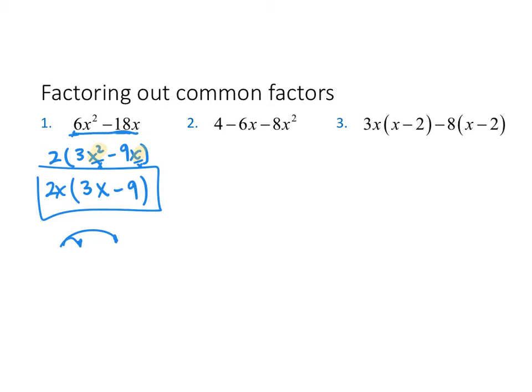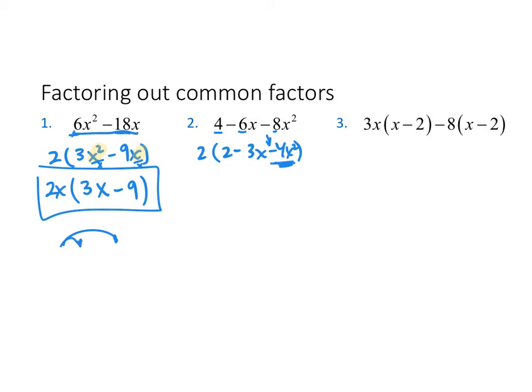So the second one does have a 2 in common for everything. But isn't it kind of weird to have the x squared term at the end? I want to move that around, but with that negative sign there, I like to have the leading coefficient, that's the coefficient on the term with the highest degree, be positive.